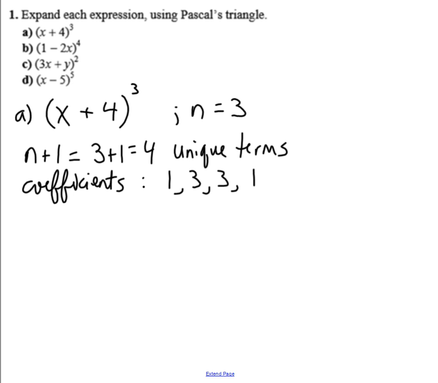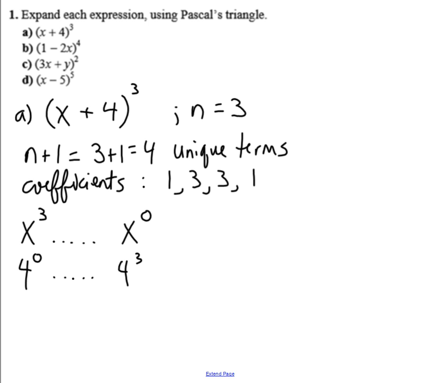We know the pattern is going to start with x to the highest power of 3 down to x to the 0. And we're going to start with 4 to the 0, and it's going to increase all the way up to 4 cubed.